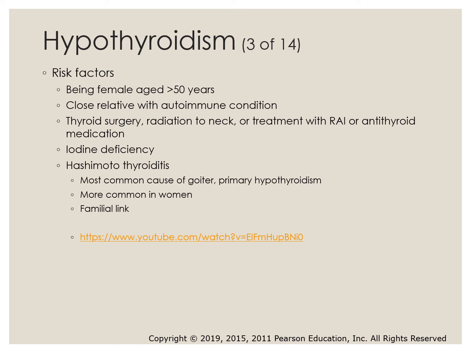As the disease progresses, the thyroid gland becomes smaller. This disorder is more common in women than in men, and with a family link. And some of the reason they think it's more common in women is because we go through menopause and our hormones change during menopause.